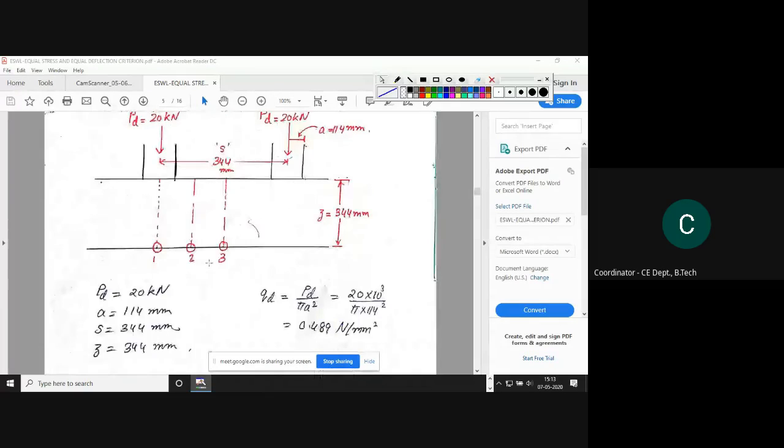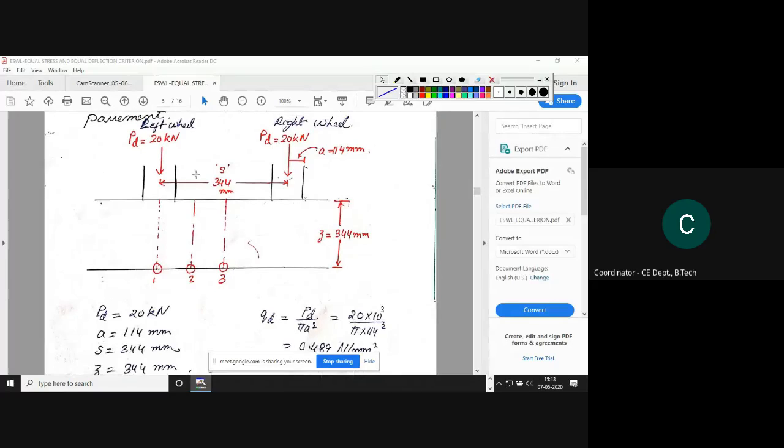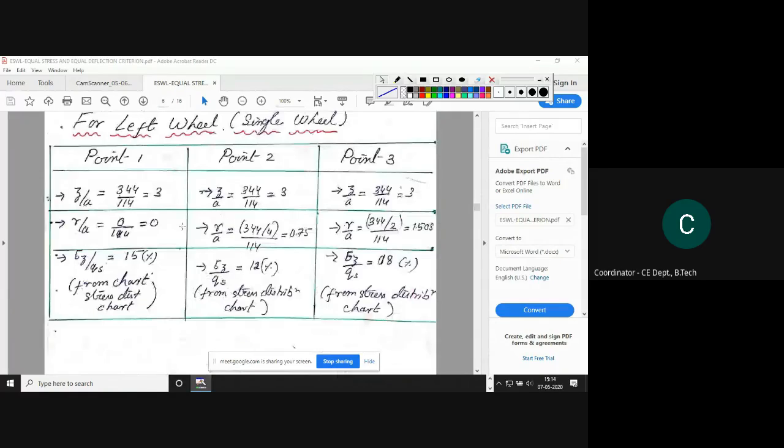See here, now we get R value, A is known, so R by A we will calculate, and we know Z by A for all the points. So we will make a table; it will be easy for you to calculate. For point 1, Z by A is 3, 3, 3. Point 1, as I said, is just below the left wheel, so R is 0 here.